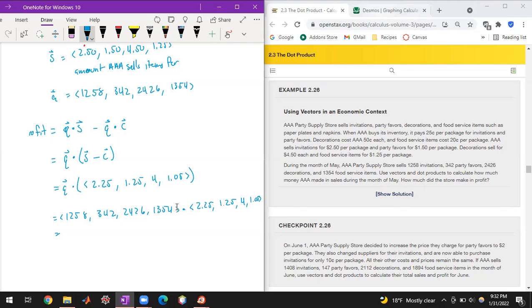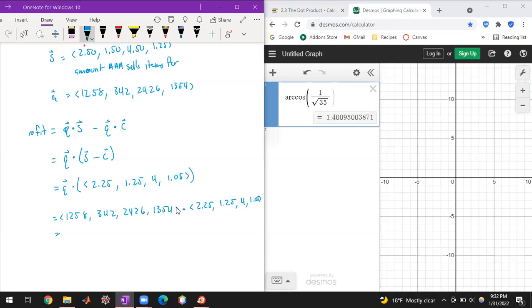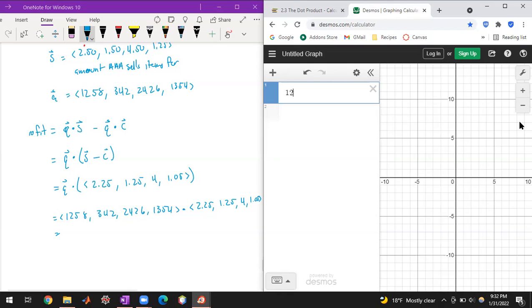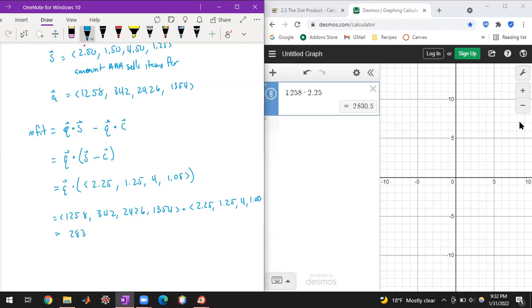So, taking advantage of our handy calculator, we are going to multiply the first terms together. 1258 times 2.25. So we've made a profit of $2,830.50 on invitations.